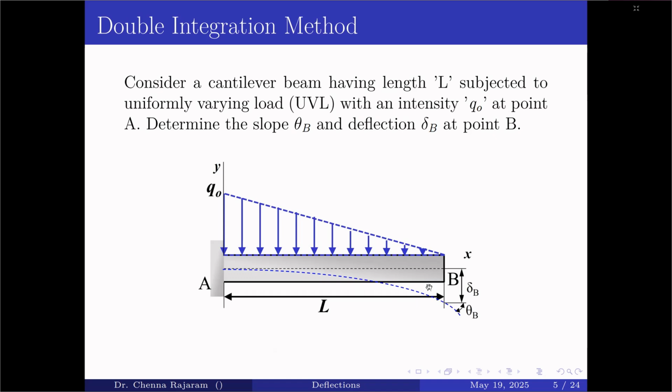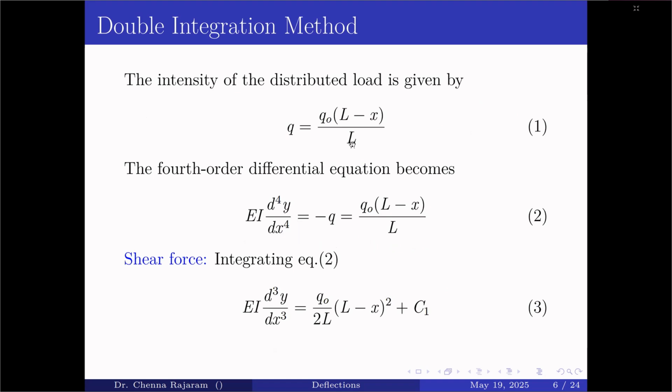So if this is the distance L and this distance is x, the remaining distance is L minus x. So q naught divided by L is equal to q divided by L minus x. Then we obtain q is equal to q naught into L minus x by L.